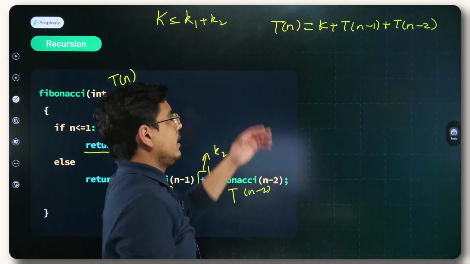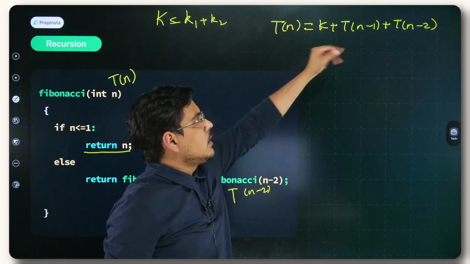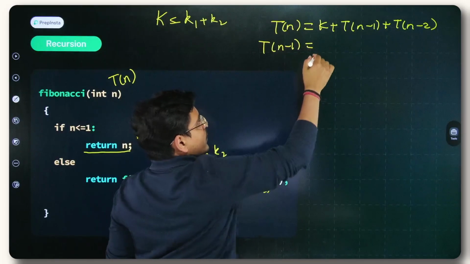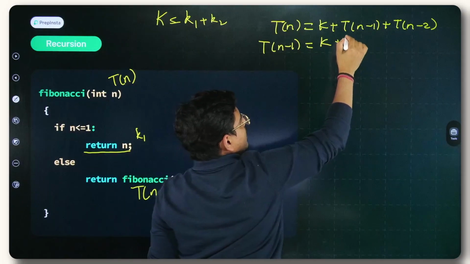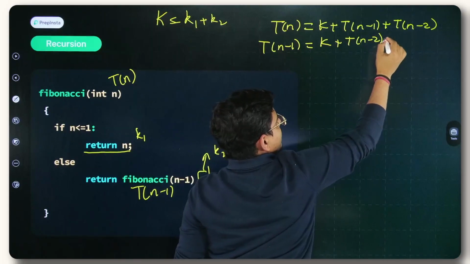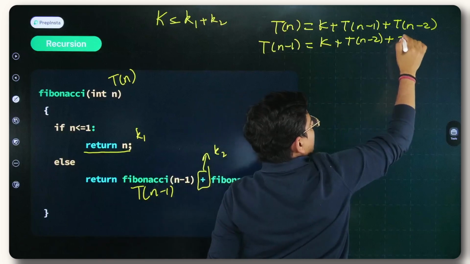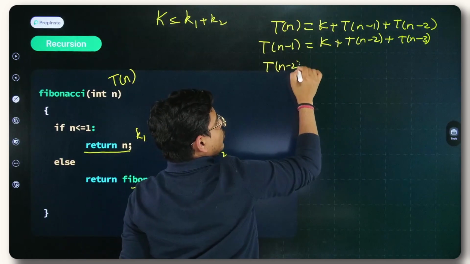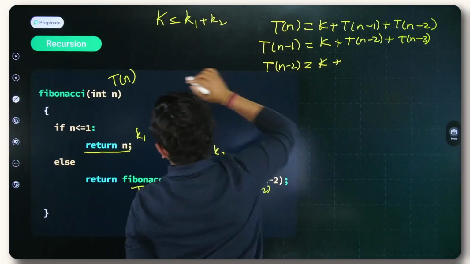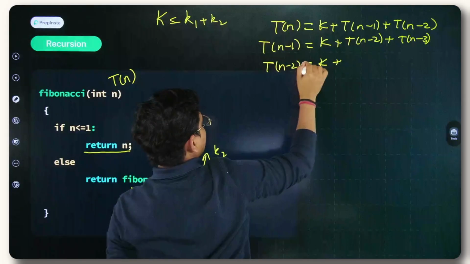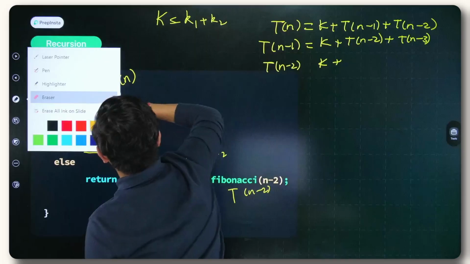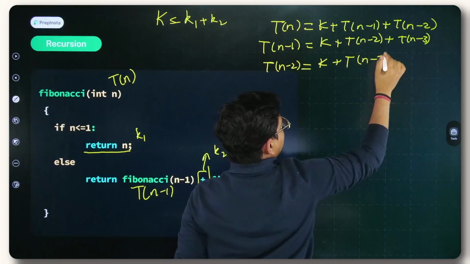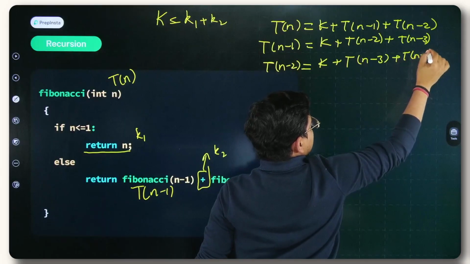Very simple. Now, if we try and compute T of n minus 1, what do we get? We get K plus T of n minus 2 in the similar pattern followed above, and T of n minus 3. If we try and compute T of n minus 2, what do we get? K plus T of n minus 3 plus T of n minus 4.